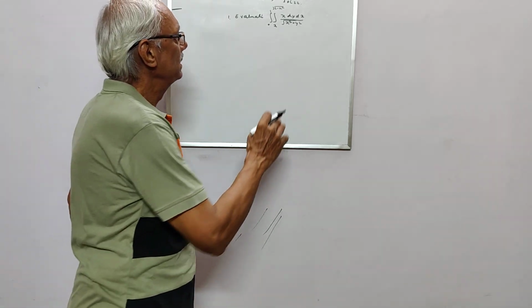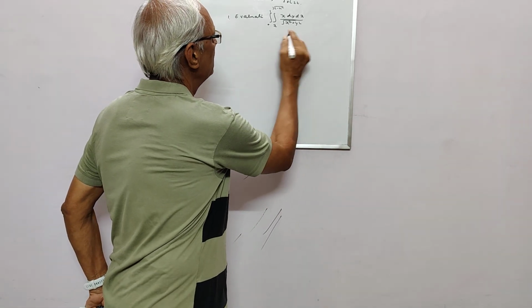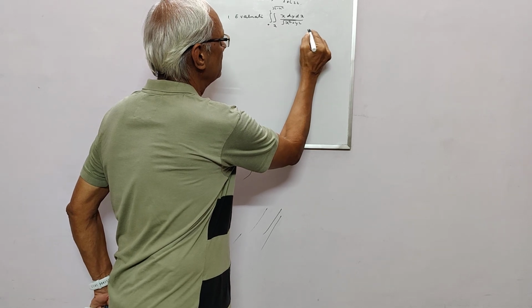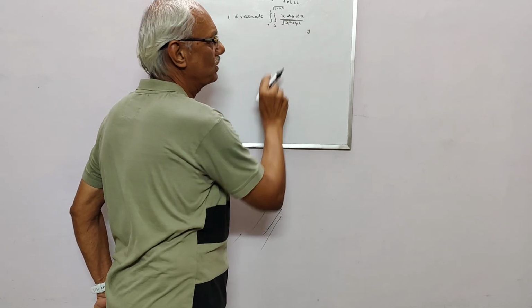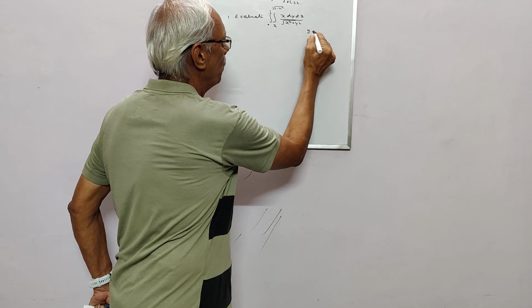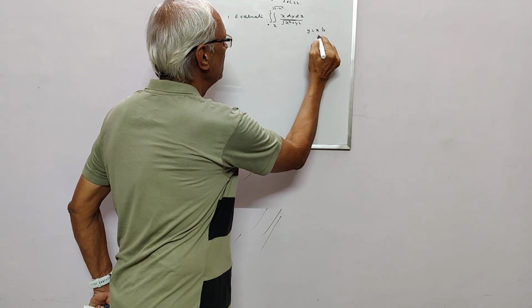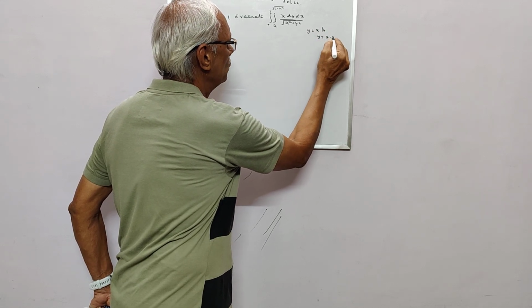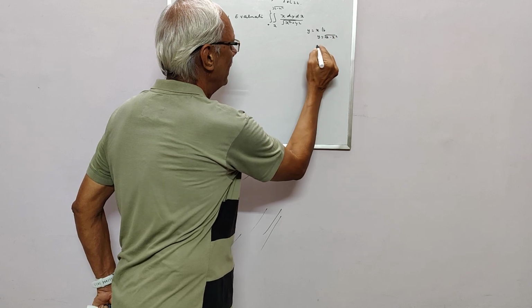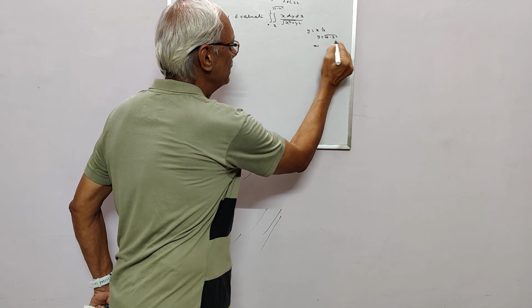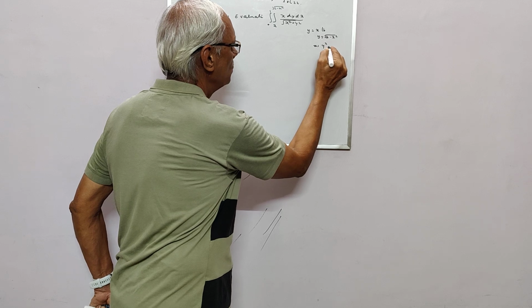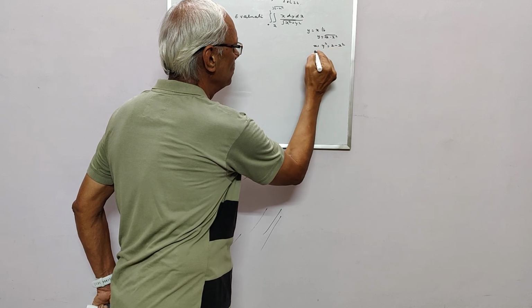Now, let me write, this is y is equal to x. Since you are integrating with respect to y here, it is y is equal to x to y is equal to square root of 2 minus x squared, which implies y squared is equal to 2 minus x squared.